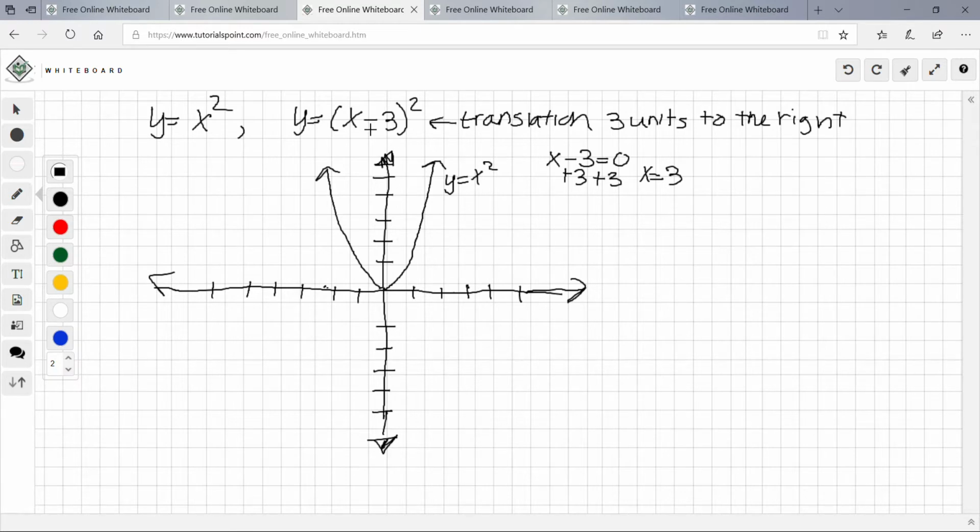Now let's graph y equals (x minus 3) squared. It is a parabola, but we're moving 3 units to the right. So instead of (0, 0) at the original origin, we're going to move 3 units to the right. So it's 1, 2, 3. And then what you do is make that same parabola.